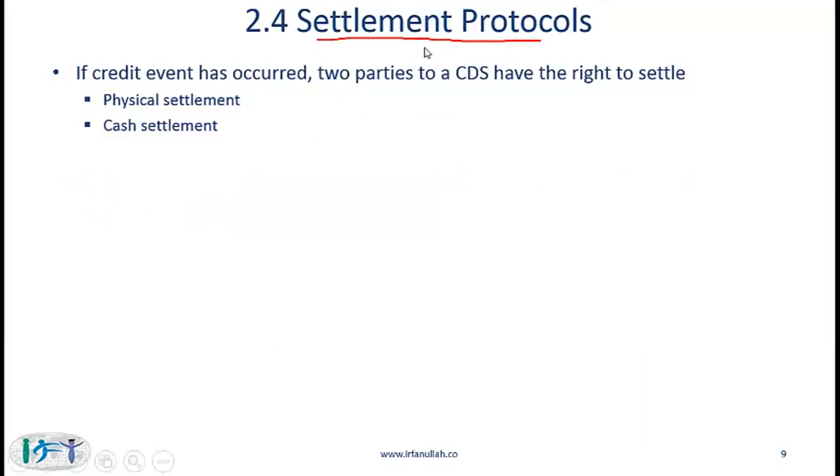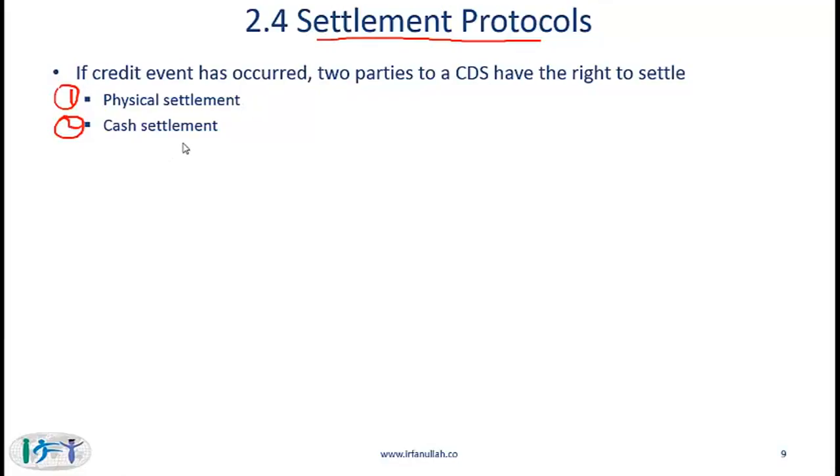Settlement protocols. If a credit event does occur, then the two parties to the CDS have the right to settle. There are two ways of settling. Either we can have a physical settlement or a cash settlement. With a physical settlement, the protection seller needs to deliver the underlying instrument.